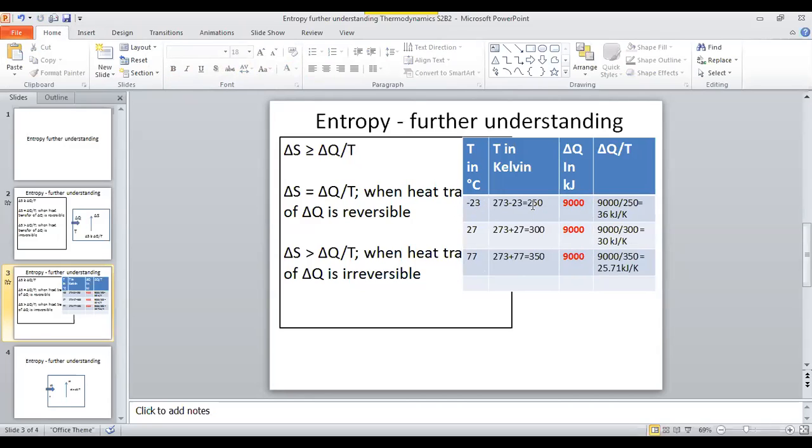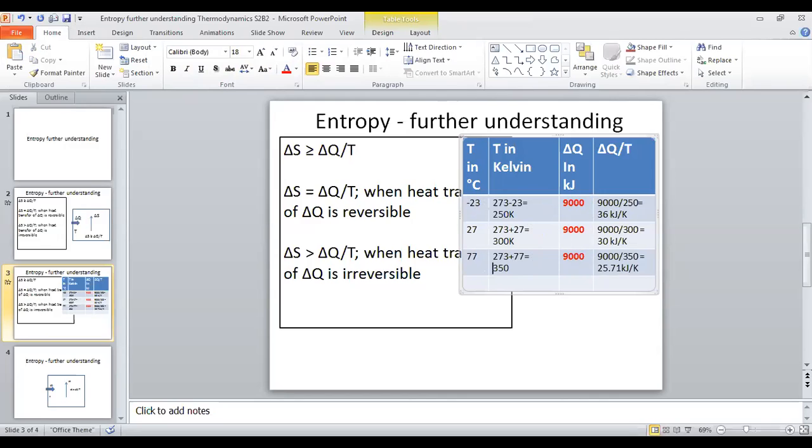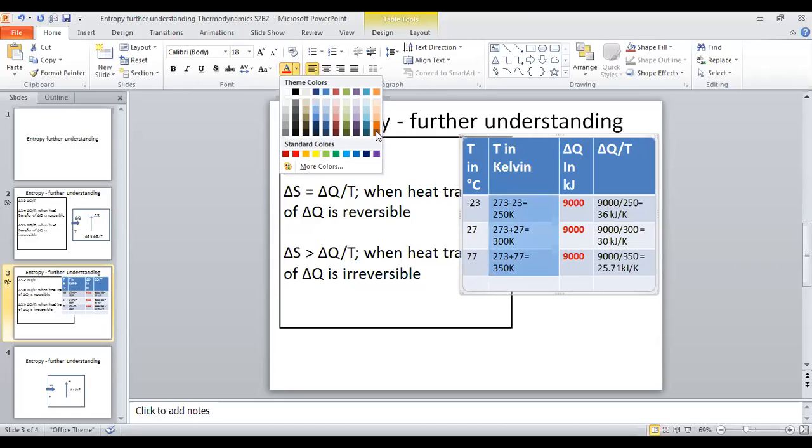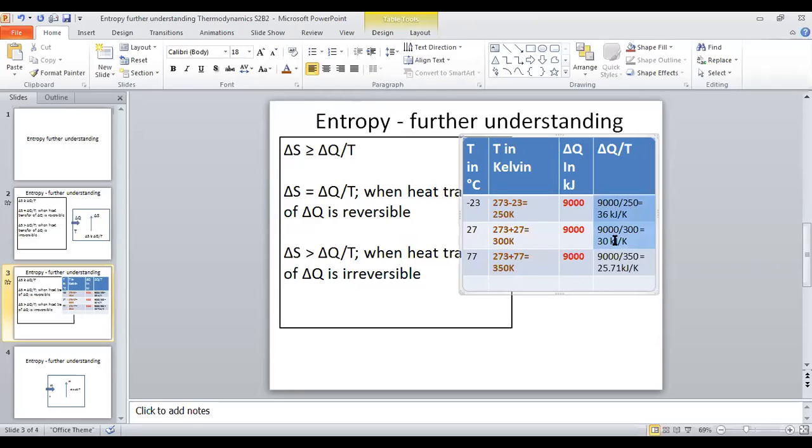You have 250 Kelvin here, 300 Kelvin here, 350 Kelvin here. And the delta Q by T values are decreasing when the temperature rises.